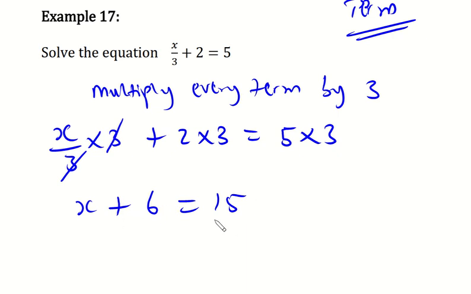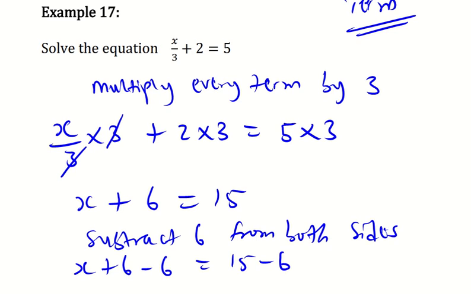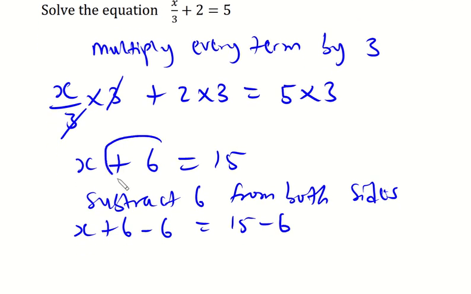That gives x plus 6 minus 6, and 15 minus 6. We did that so that we can eliminate the plus 6 here. 6 minus 6 is 0, so we just have x remaining, and 15 minus 6 is 9.